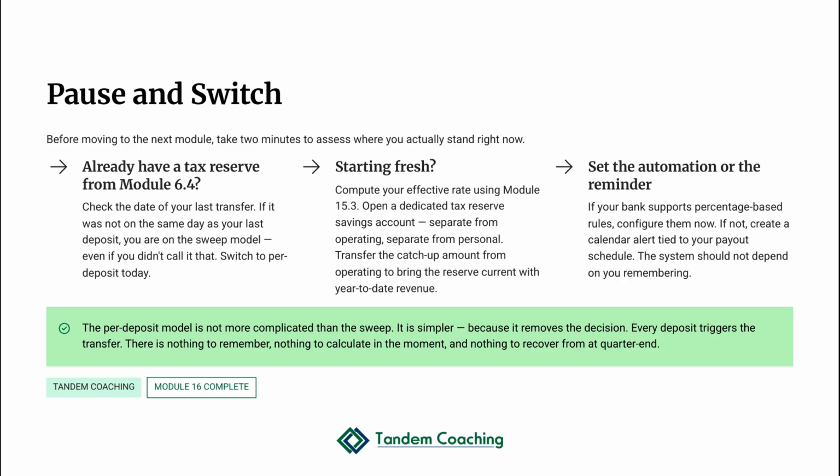And make the catch-up transfer from current operating balance to bring the reserve up to where it should be. If you don't yet have a reserve at all, the sequence is reversed. Compute the rate, open the account, transfer the catch-up amount, then turn on the per deposit mechanism going forward. By end of today, the discipline is either running or scheduled to run.